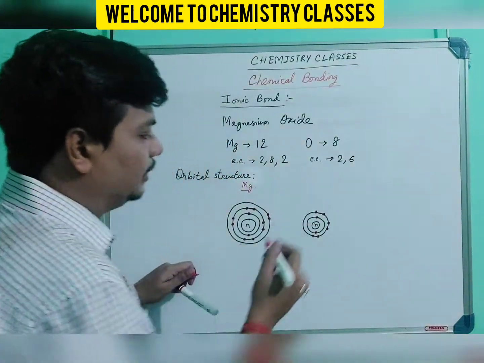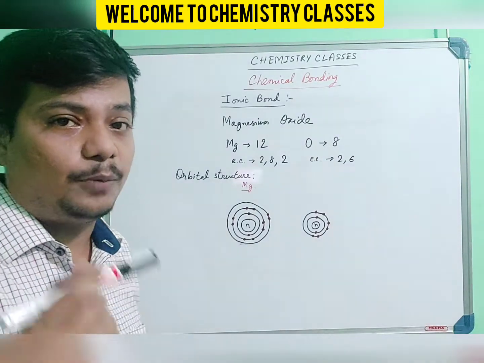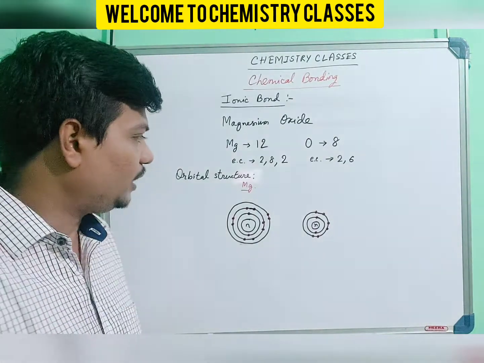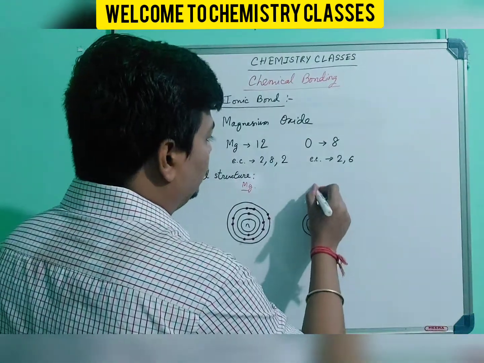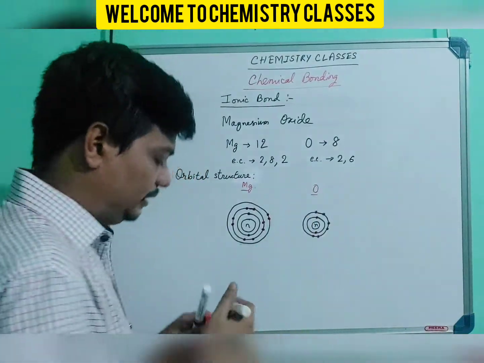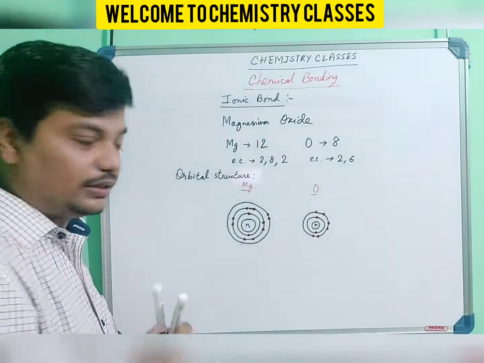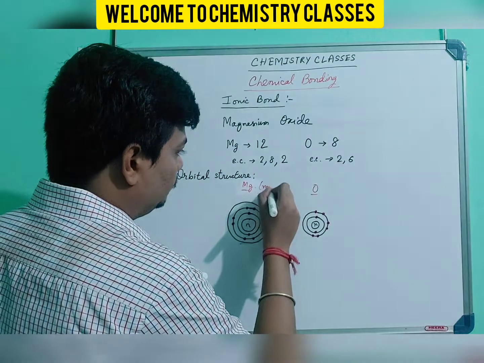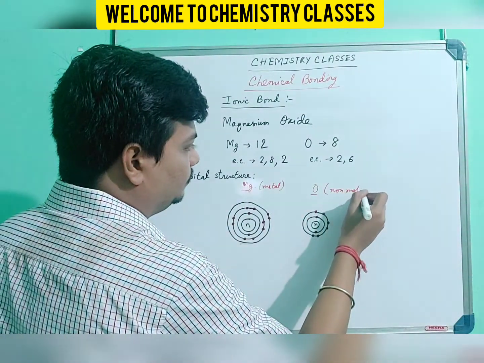So total of 8 electrons. Now if you recall the properties that I have told you, the ionic bond forms between a metal and a non-metal. So this is my metal and this is my non-metal.